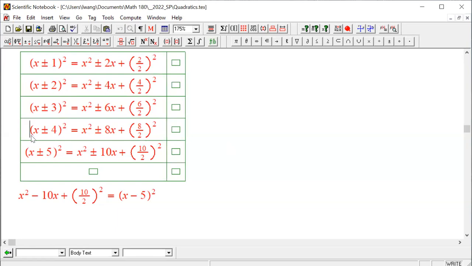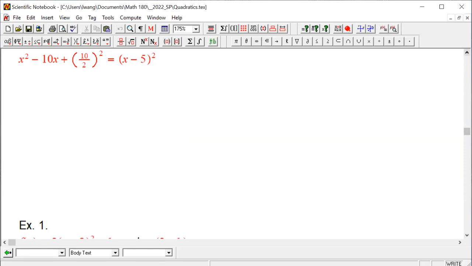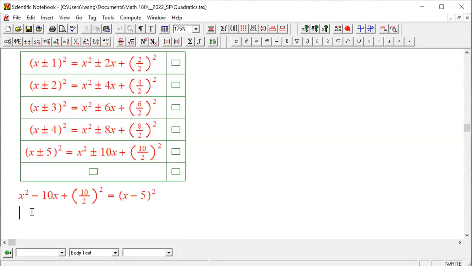But these patterns work only if there's no other number in front of x. What if there's a number in front of x? This technique will show us something else. Next, I want to make sure you get this.